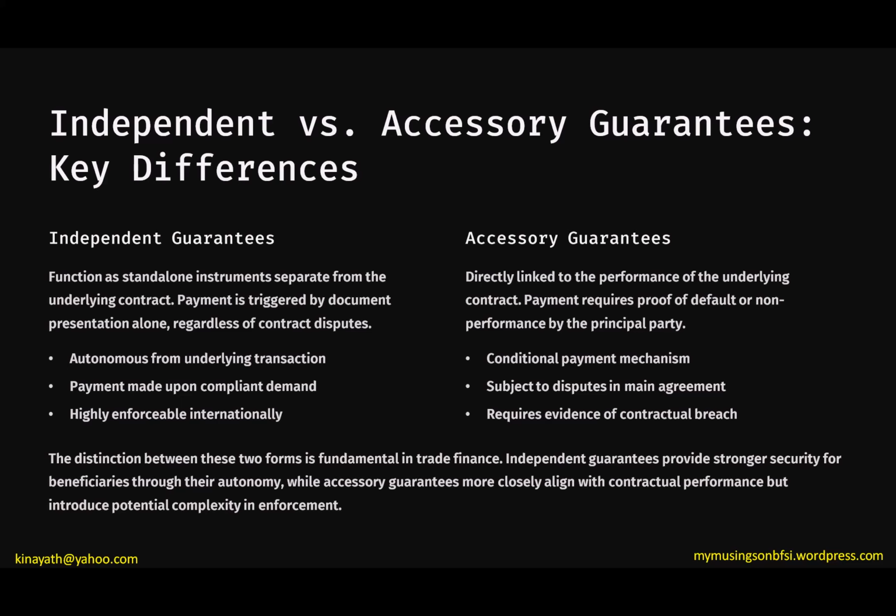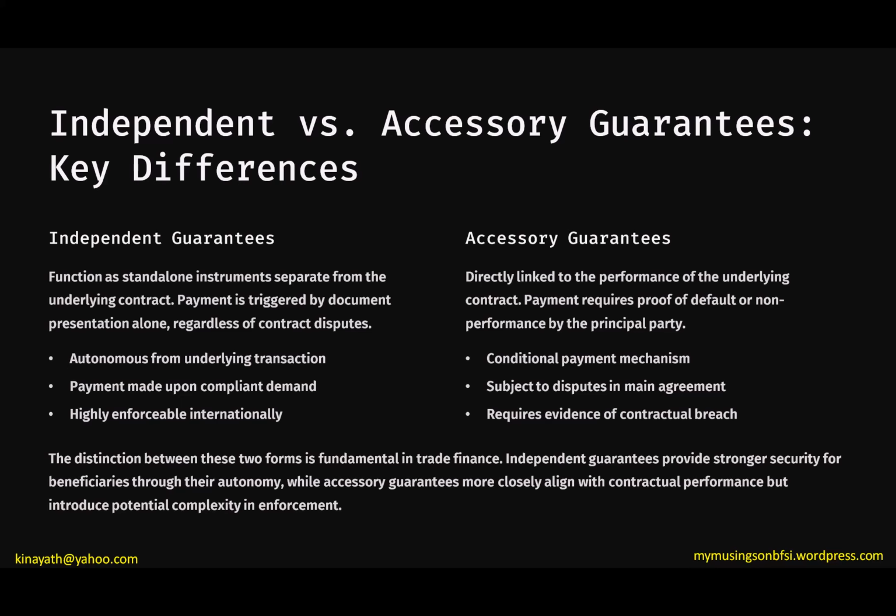Accessory guarantees are those that are linked to the performance of the underlying contract. They require a proof of default or proof of non-performance before payment can be made, which means there has to be a dispute. You will have to prove that there has been a dispute. That evidence will have to be submitted.